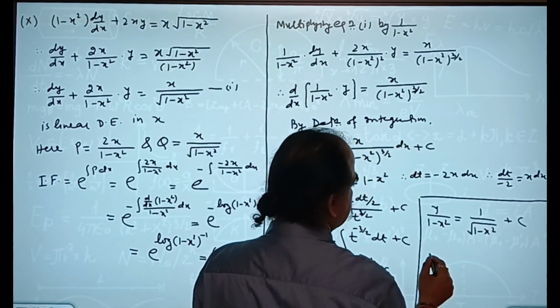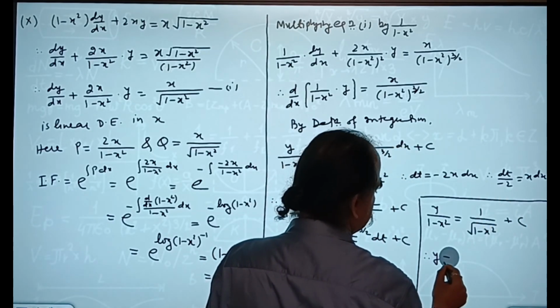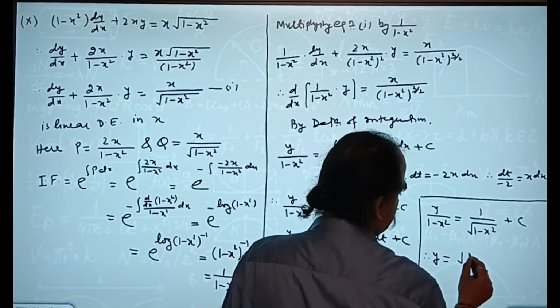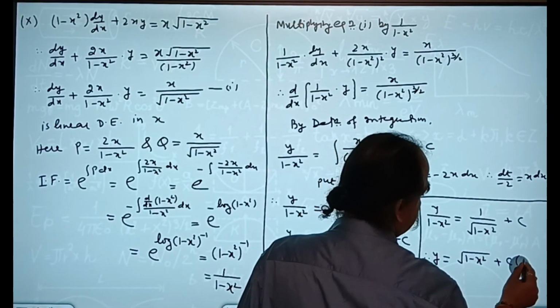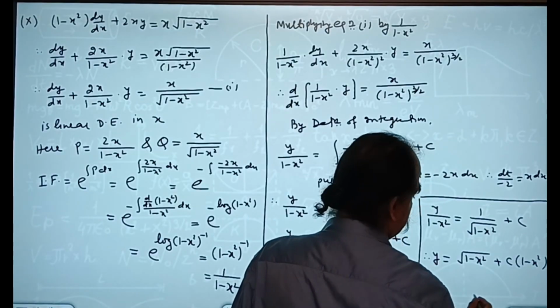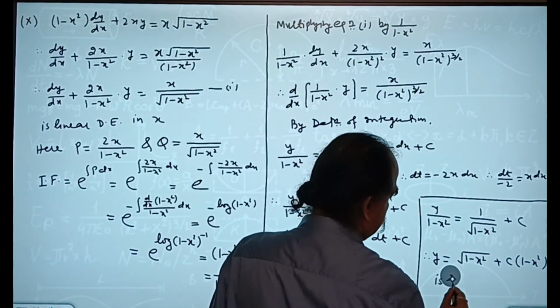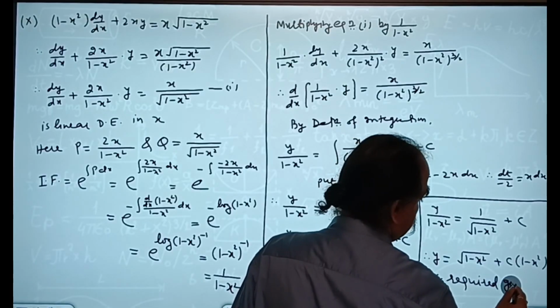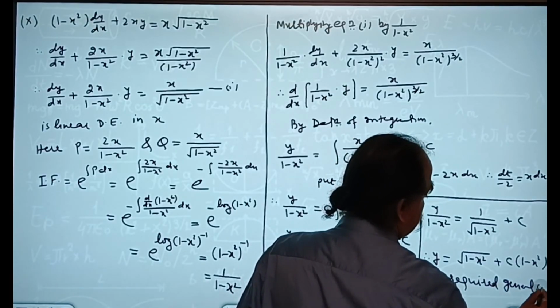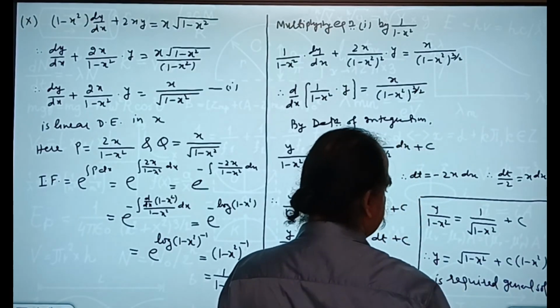Multiply by 1 minus x square. So y will be what? This is the required general solution.